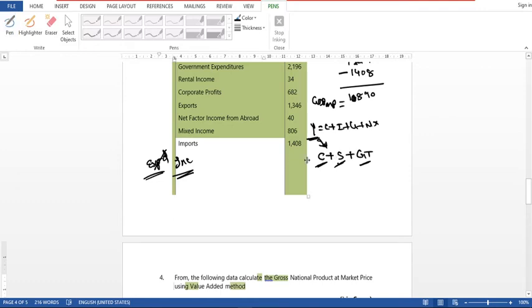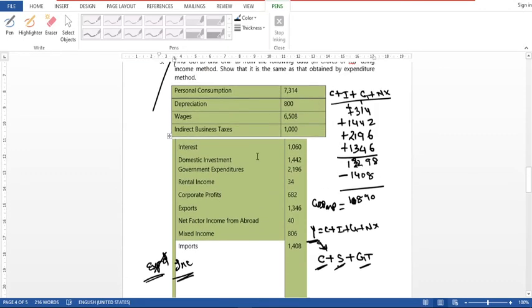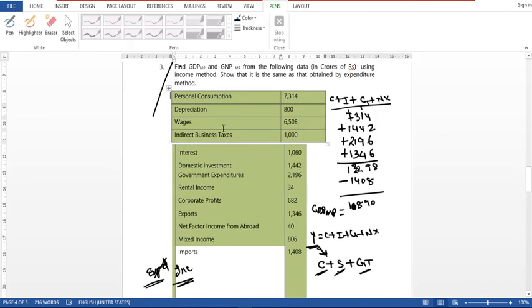So on income side we will be considering income of each and every person, or cost of factor of production. How to find out? Depreciation plus wages.